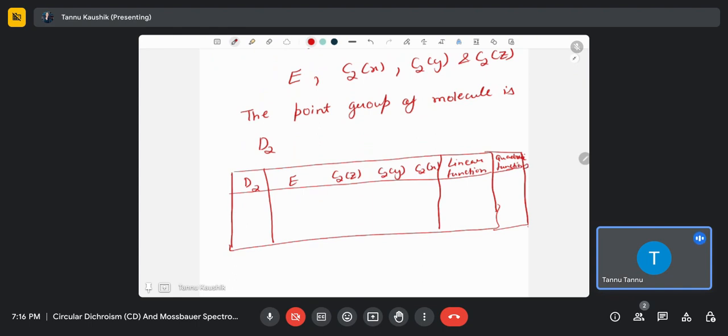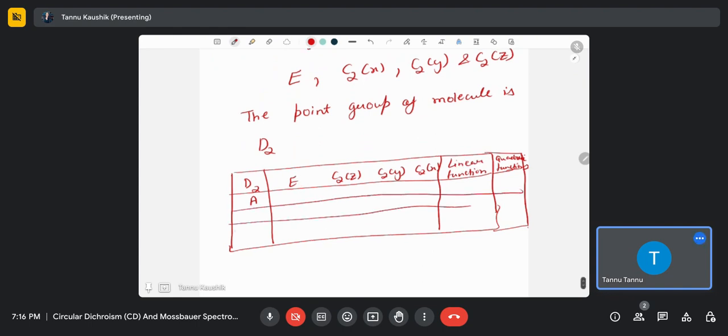So here we have equal to the number of classes. We have four classes, so we have four irreducible representations, which are A, B1, B2, and B3.